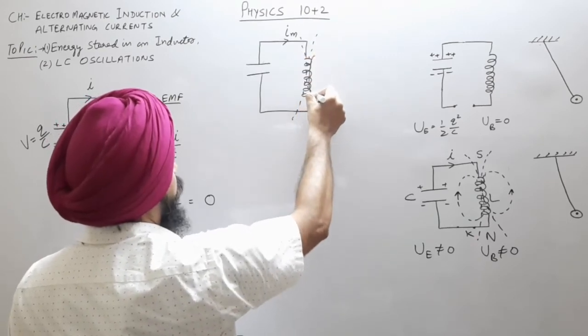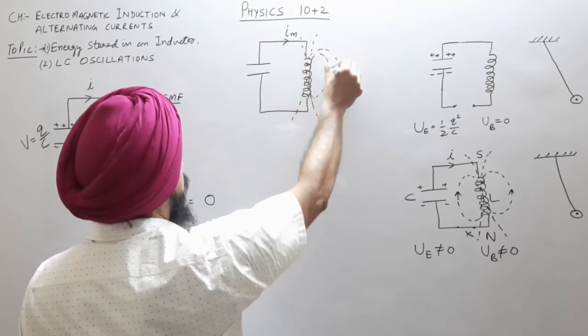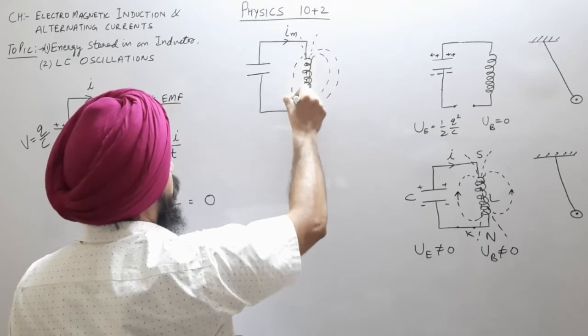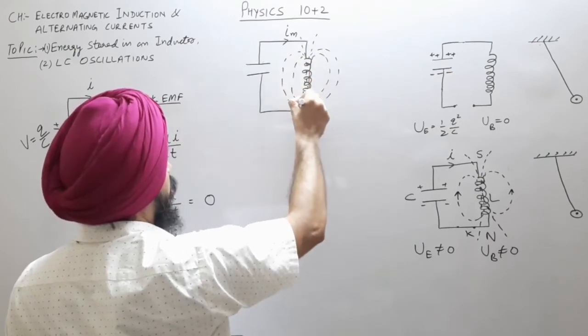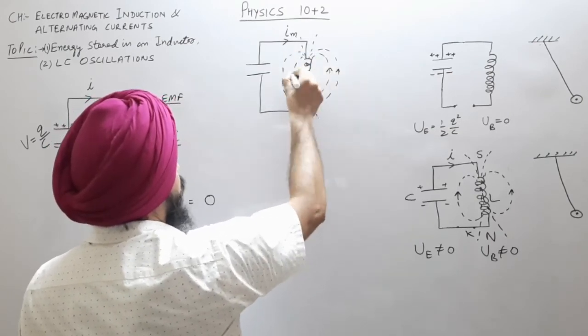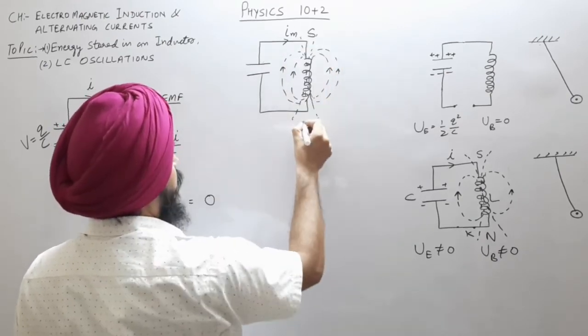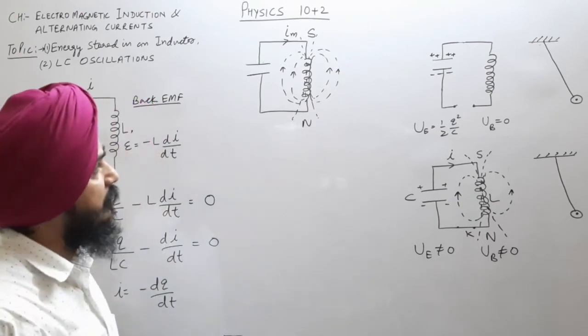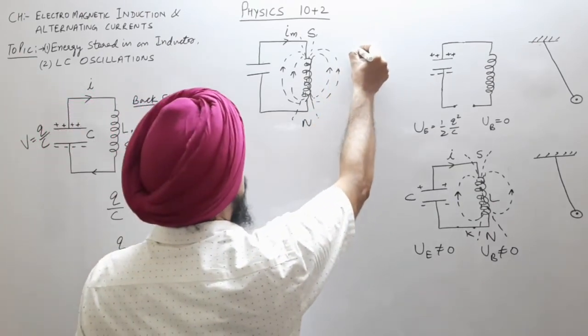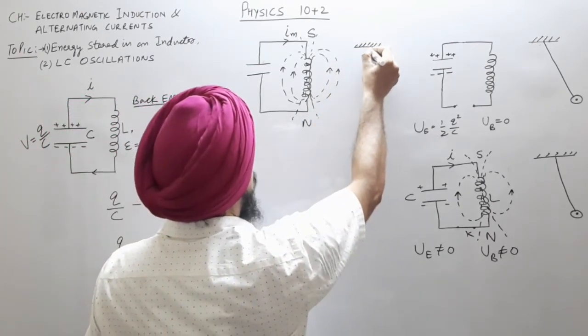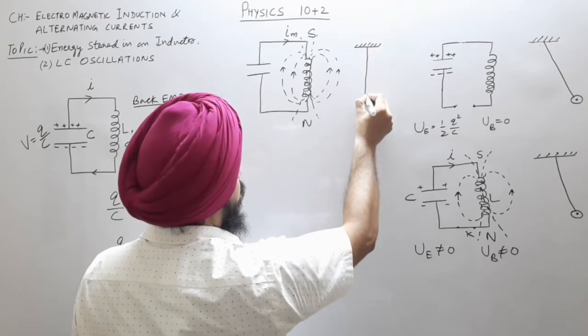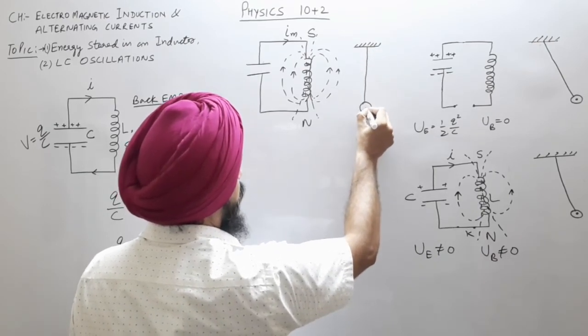So the magnetic field also grows a lot, but in the same direction as the previous case, so this end becomes south and this becomes north. So this is the third case when our mechanical system reached its mean position.